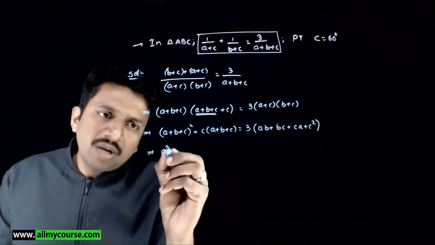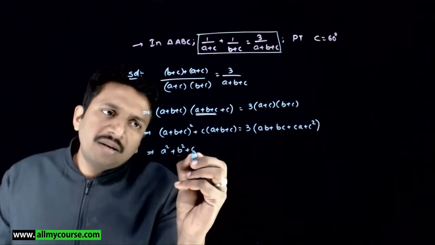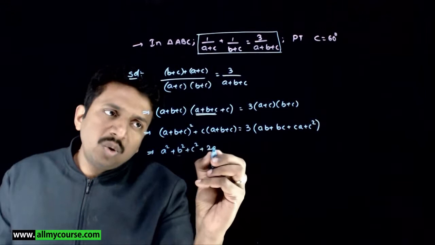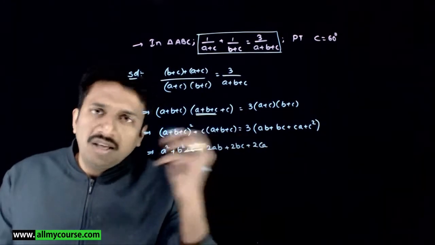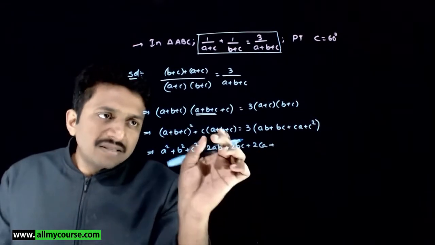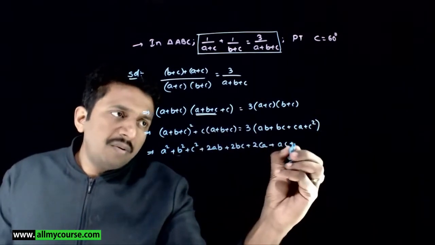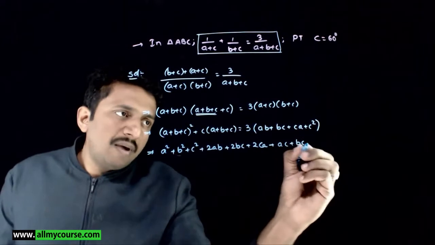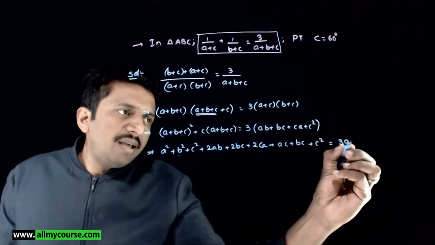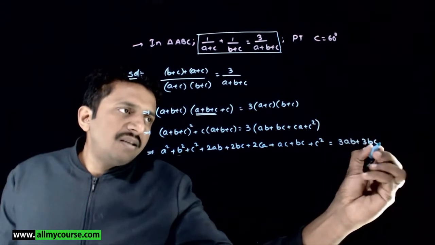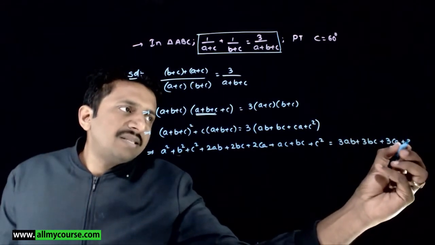You have A square plus B square plus C square plus 2AB plus 2BC plus 2CA, plus you have an AC again, you have a BC again, you have a C square again, is equal to 3AB plus 3BC plus 3CA plus 3C square.